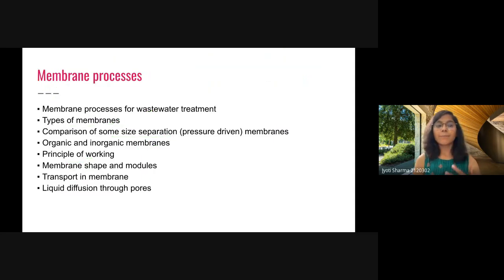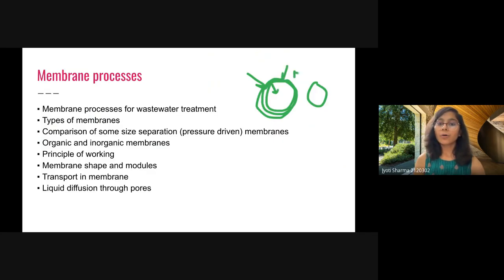Another example of membrane processes is in the cell. If we have either a human cell, plant cell or animal cell, then the cell wall or the plasma membrane on the outside of this cell is very selective. It decides whether it needs water or not, whether it needs sodium or not.